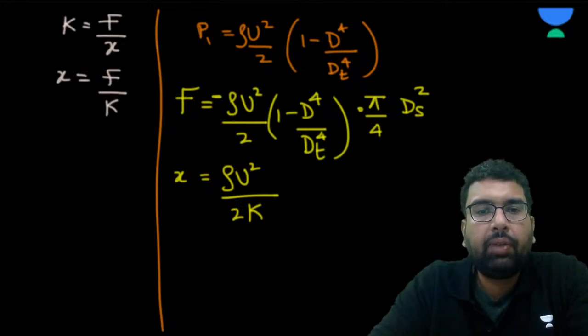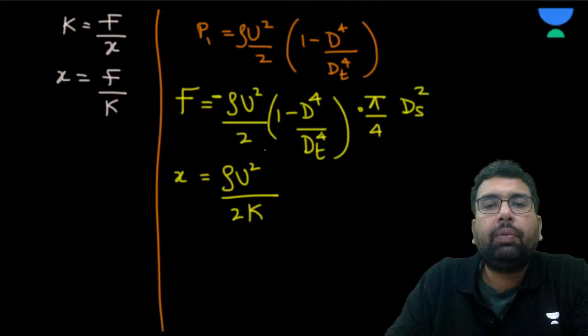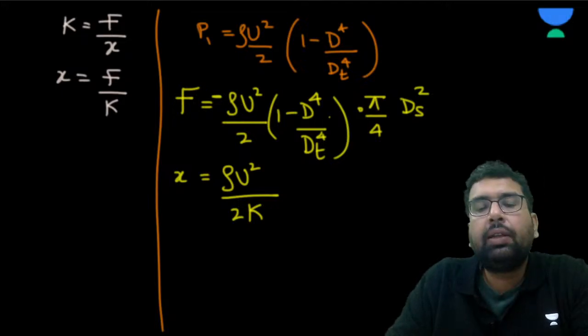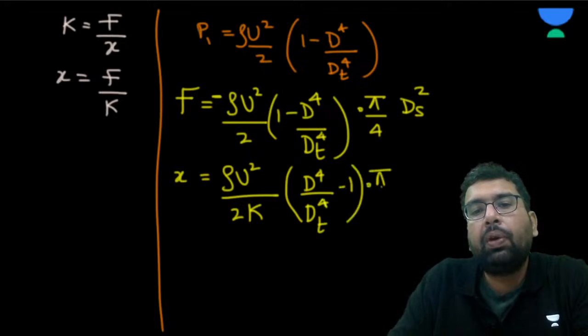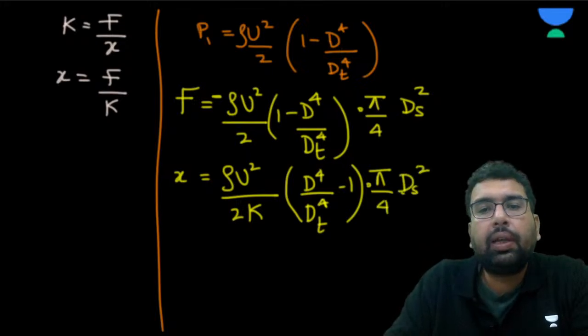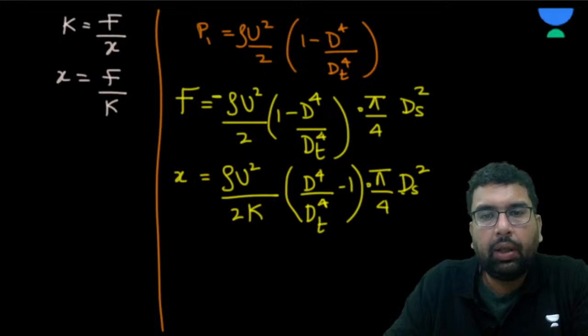Okay, so the same thing we are doing here. If I multiply this minus inside, it will become d to the power 4 upon dt to the power 4 minus 1, and this is pi by 4 ds square. Understood?